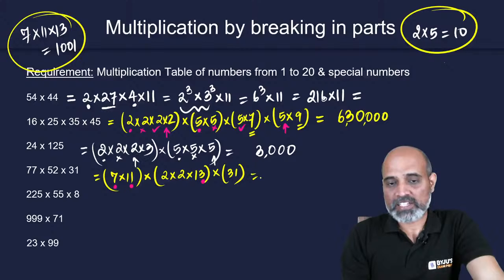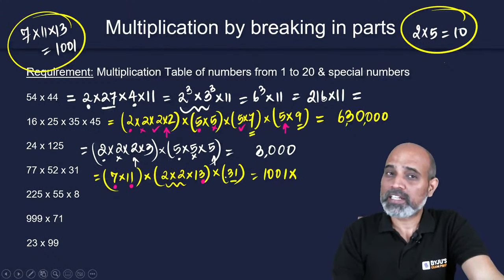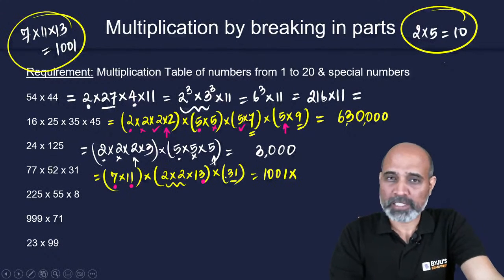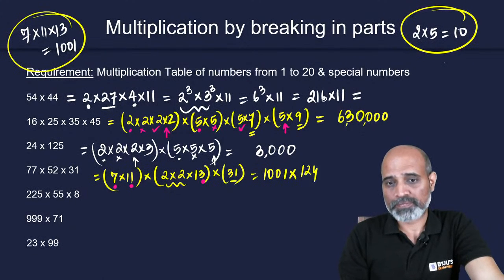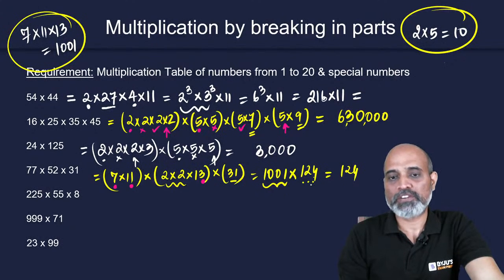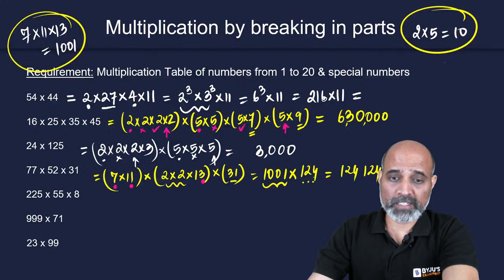So this changes to 1001 into 4 into 31. Well, 31 का double is 62. Double of 62 is 124. So when you multiply 124 with 1001, 124 into 1 is 124, and this is what you get as the answer.